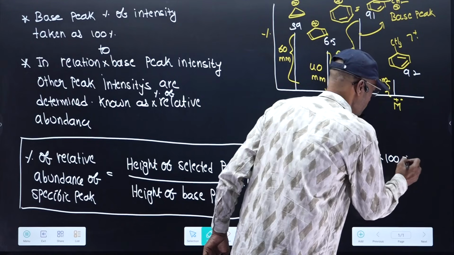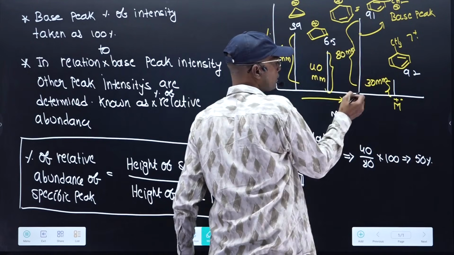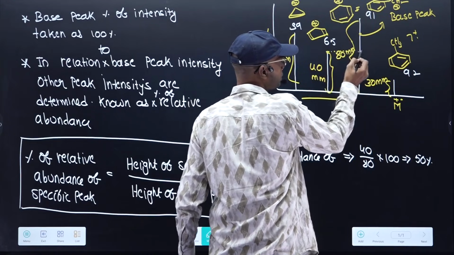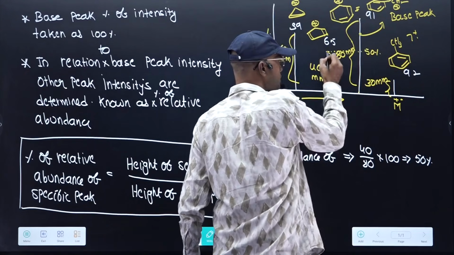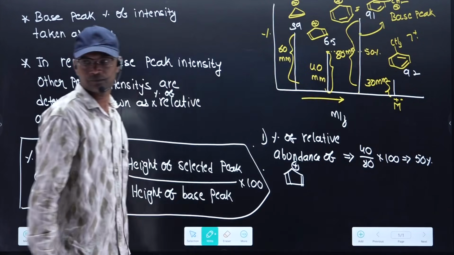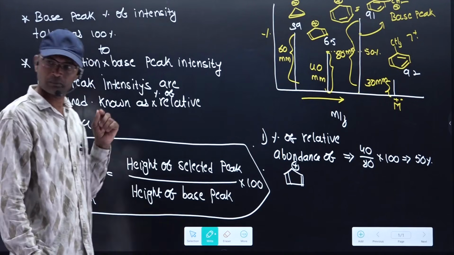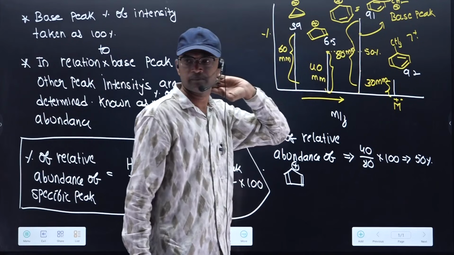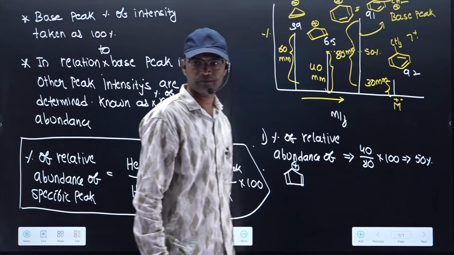How much will you get? That is 50%. So exactly in the middle of 100%, this height will be there. Now it is exactly 50%. Clear? That is the use of the base peak. It is the reference for the other peaks. If you want to write these heights, first calculate the height of the base peak. If you increase the height of the base peak, automatically this height also increases.